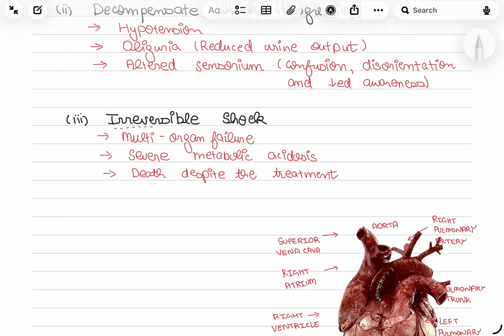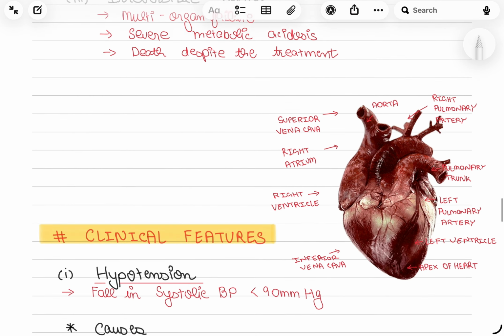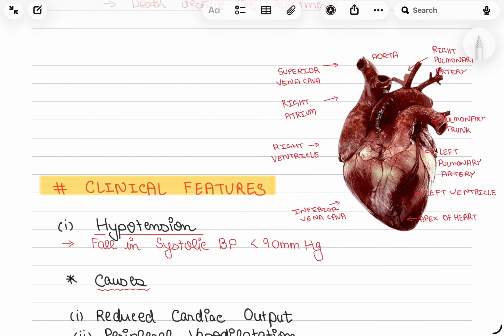Irreversible shock, as you can appreciate by the word irreversible, has multi-organ failure, severe metabolic acidosis, and despite the treatment, the patient dies.